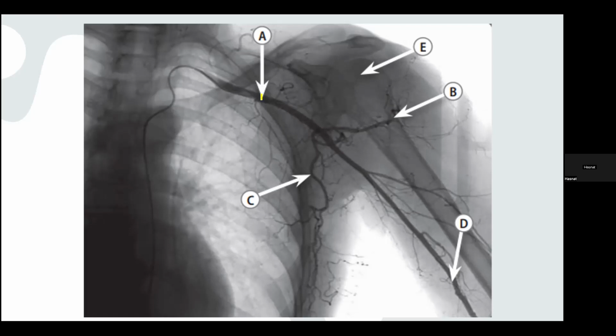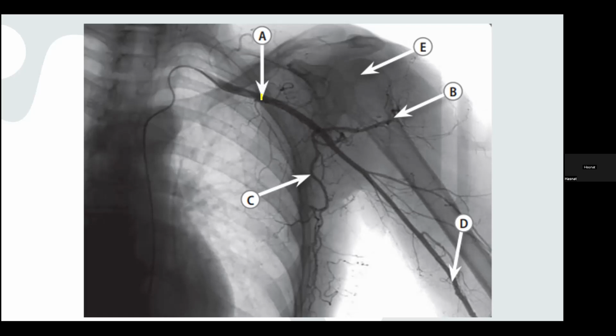D is brachial. Okay, doctor, you got two of them right. Anyone wants to answer this? I can correct. Number A is axillary artery. Number B is posterior circumflex humeral artery. Number C is subscapular artery, that is below the scapula. Number D is brachial artery, which is the continuation of axillary artery.